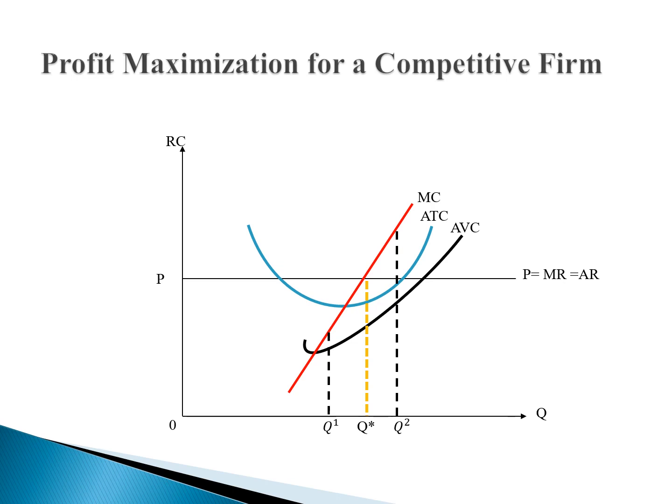So neither Q1 nor Q2 is an optimum level of output, neither provides the firm with the maximum level of profit. Q star is the only equilibrium quantity, and MR equal to MC ensures the equilibrium condition under a perfectly competitive market for a competitive firm.